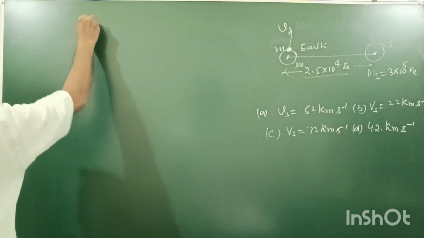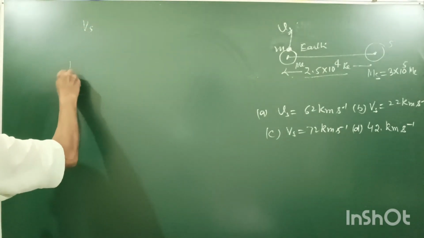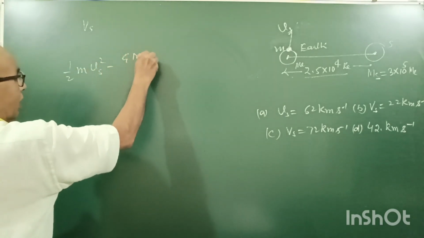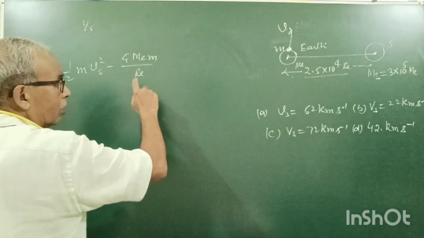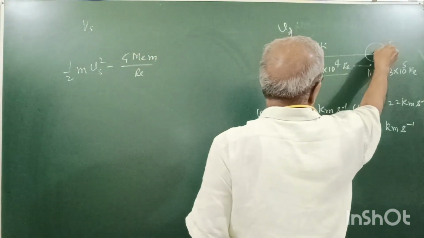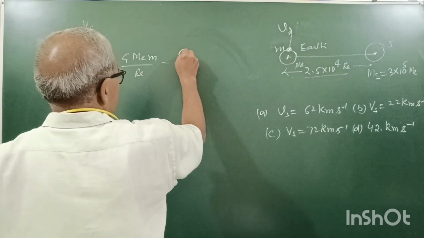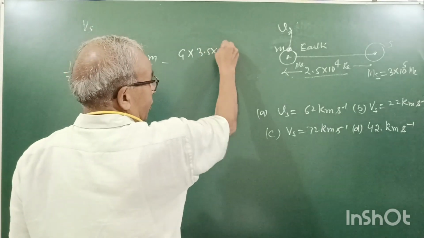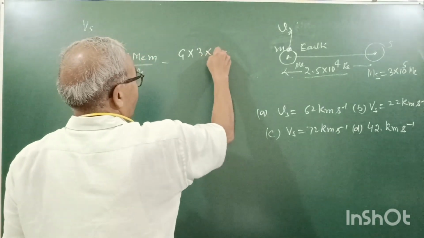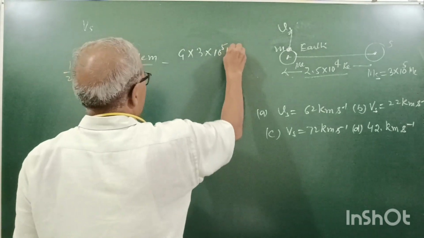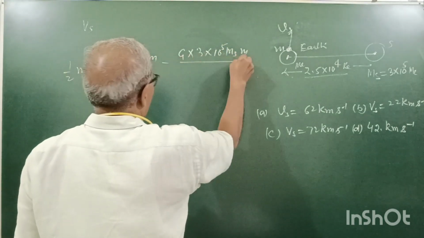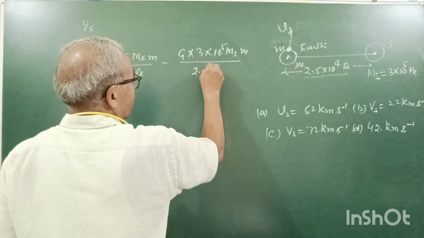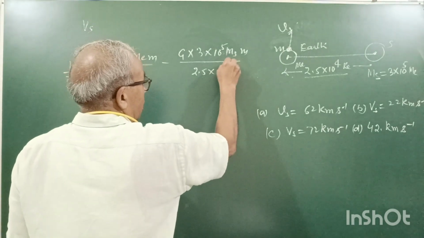So if Vs is the speed, total energy will be half m Vs square minus G Me m upon Re, the potential energy on Earth's surface, and the potential due to attraction of the Sun will be G into its mass, 3 into 10 to the power 5 Me, into m upon the distance 2.5 into 10 to the power 4 Re.